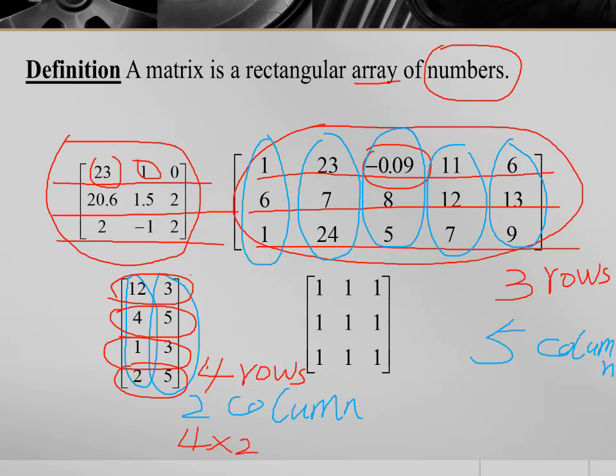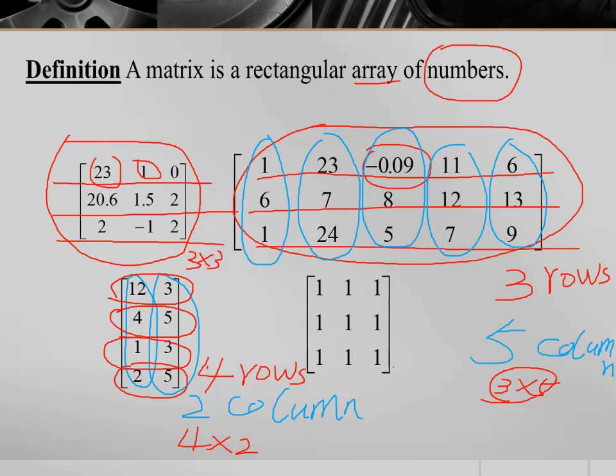We call this one a 3 row 3 column matrix. This one we call 3 row 5 column. We use this to tell the size of the matrix. Let's see the fourth matrix.